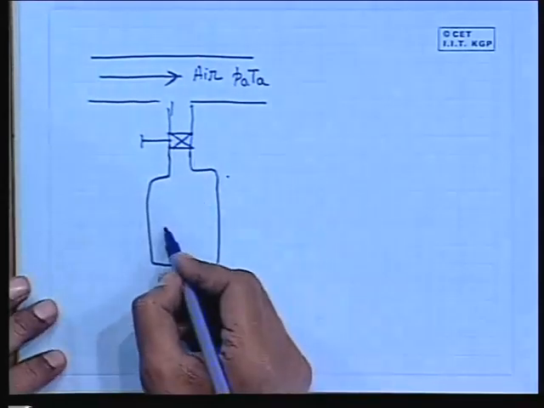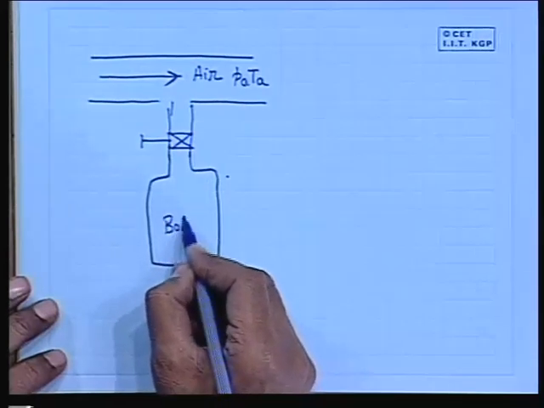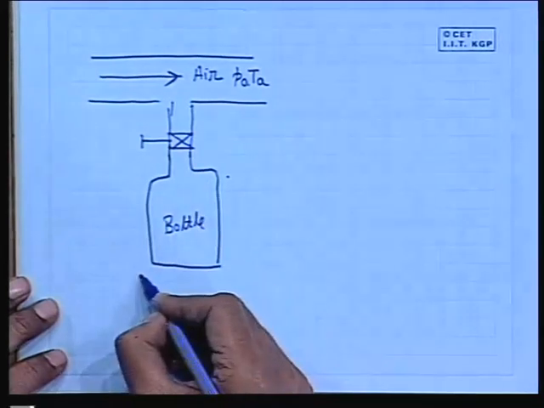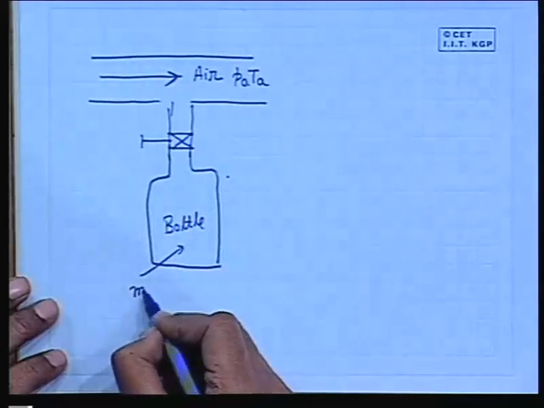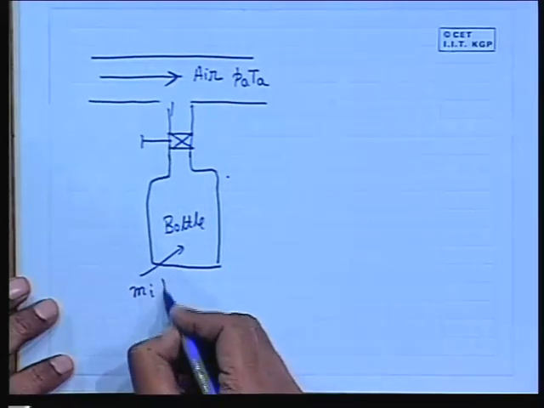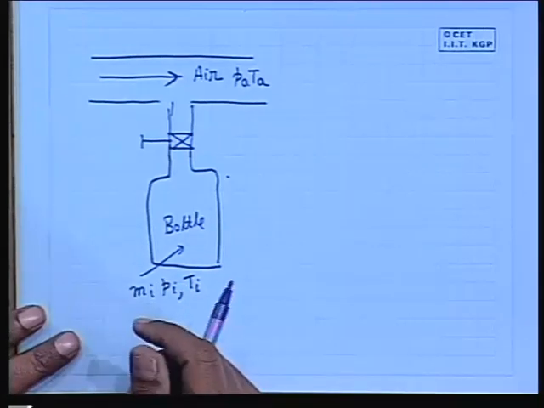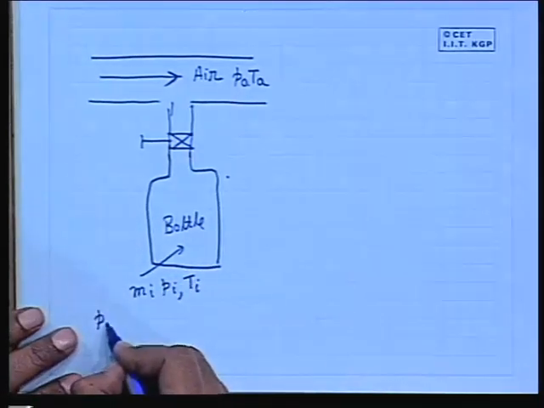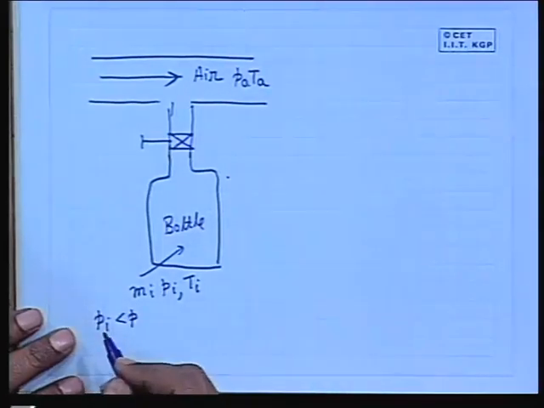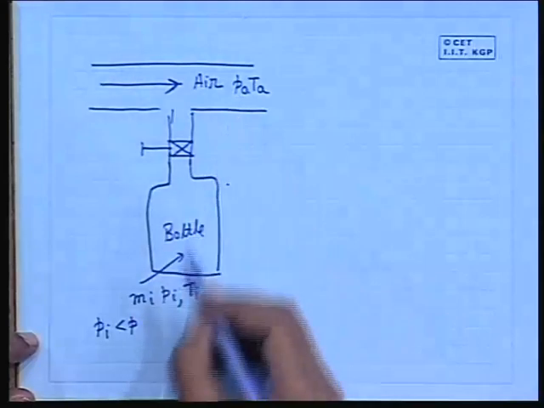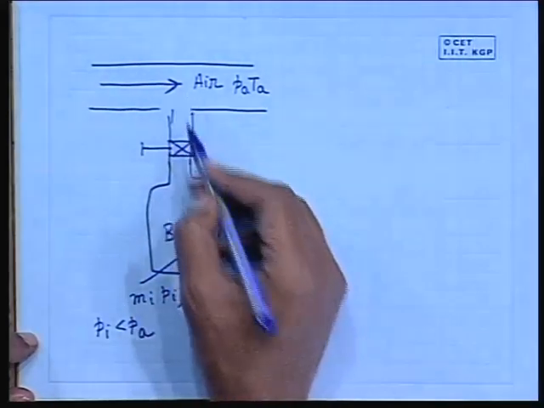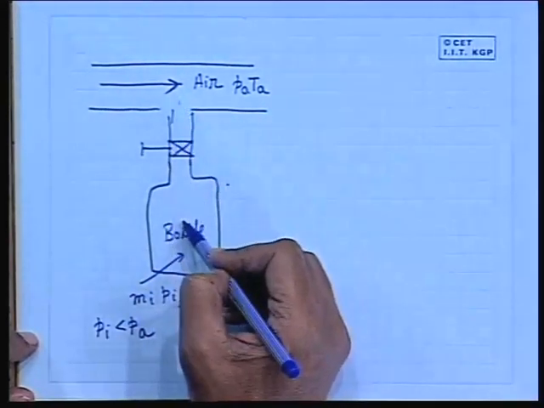There is a valve and there is a bottle which contains initially a mass Mi, and its pressure is Pi, its temperature is Ti. All right? And if Pi is less than Pa, then if I open this valve, air will gradually flow in this bottle.